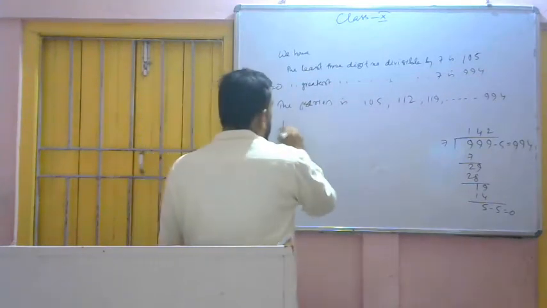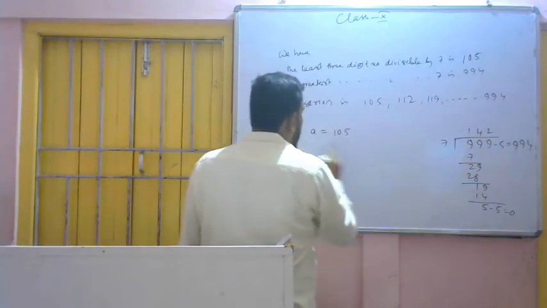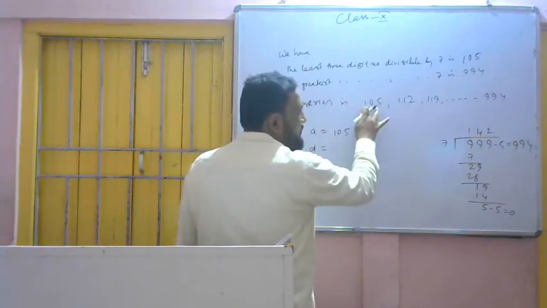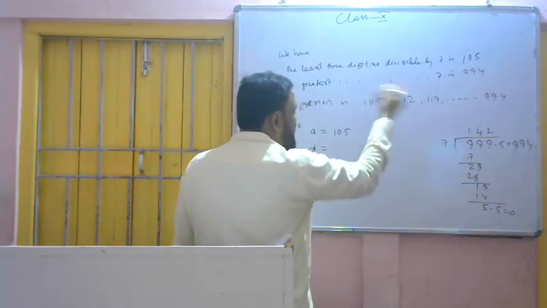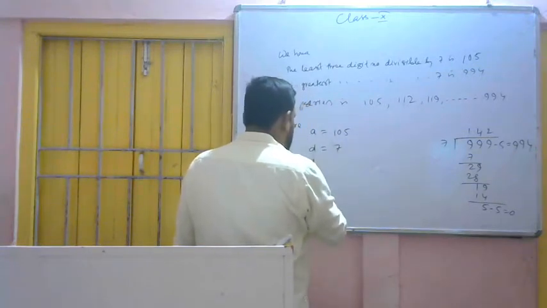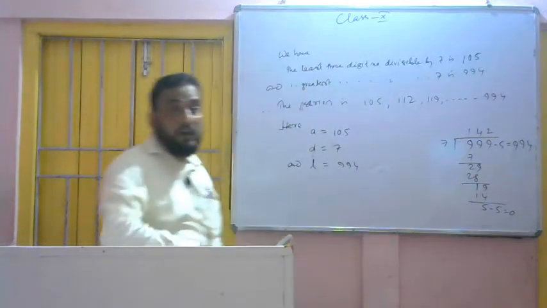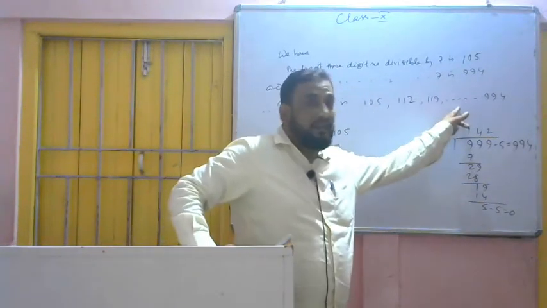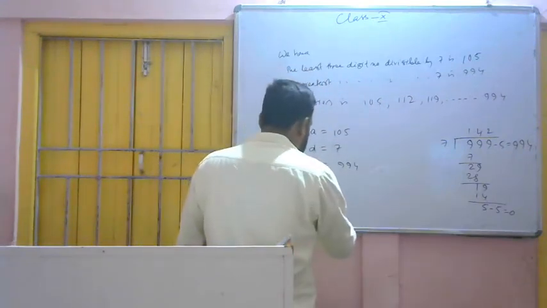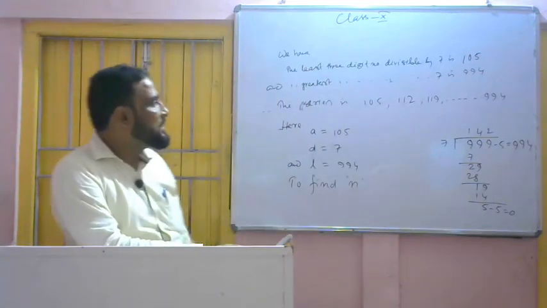So here A is equal to 105, D is equal to 112 minus 105, that is 7, increasing by 7, and L is equal to 994. What is to be found? How many terms are there in this series, that is, we have to find n. Got it? This is the technique.